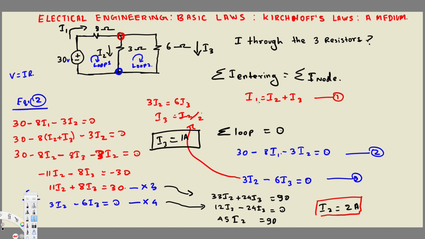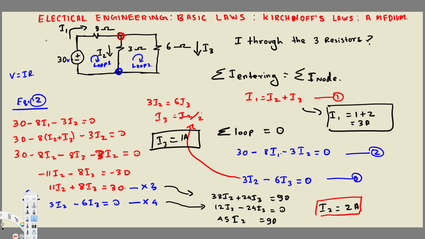Now we have I3. To find I1, we just have to plug into this equation. So if you plug that in, I1 is equal to 1 plus 2. That's going to give us 3 ampere. And these are the 3 I values. The question is asking for the current through the 3 resistors.